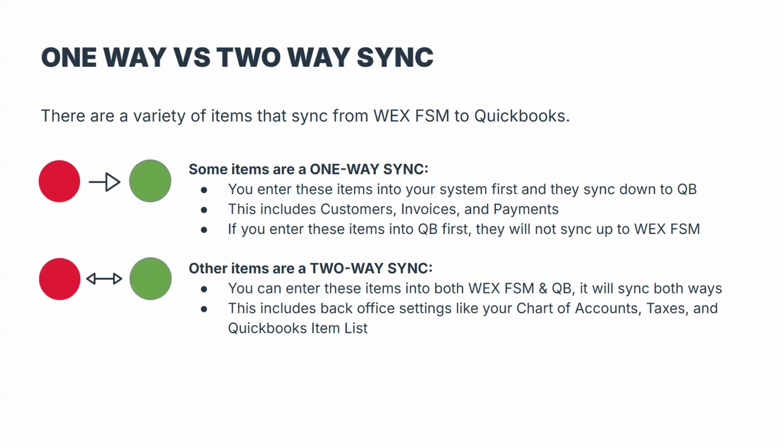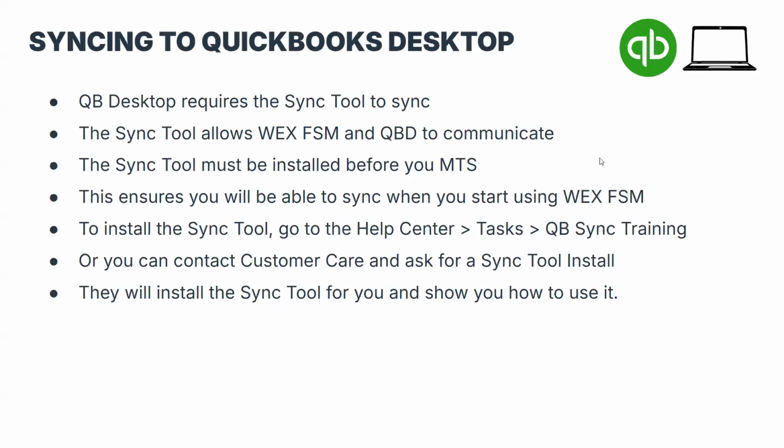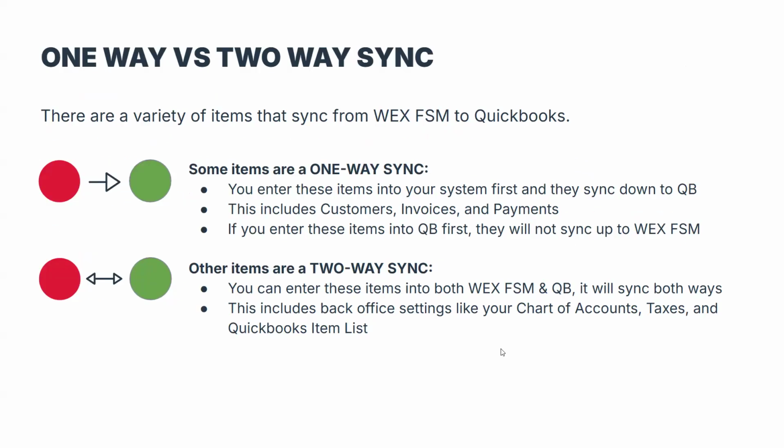So, what are one-way sync items and two-way sync items? A little later, we'll take a look at what those are in your system. Just know one-way sync, those are your customers, invoices, and payments. Two-way sync, back office settings like your chart of accounts, taxes, and QuickBooks item list.